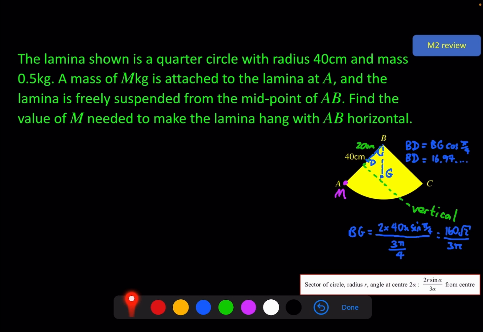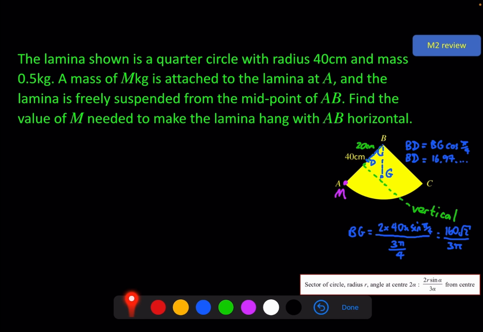So I'm going to take moments about this point here. I've got about 3 centimeters times the weight of the lamina, which is 0.5 kilograms. And the other direction, I've got 20 centimeters times m, and they need to balance in order for the center of mass of the full thing to be here on this vertical green line. So I'm going to do 20 minus this on my calculator to keep that nicely accurate.